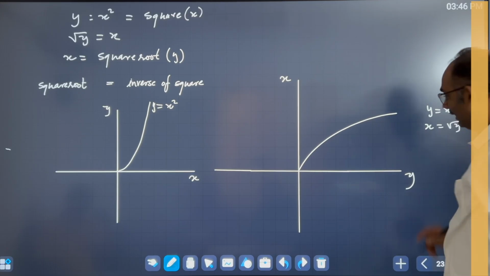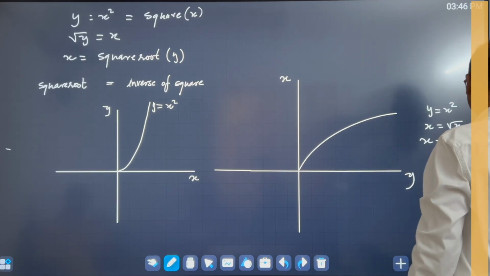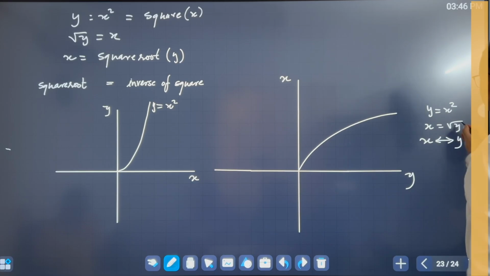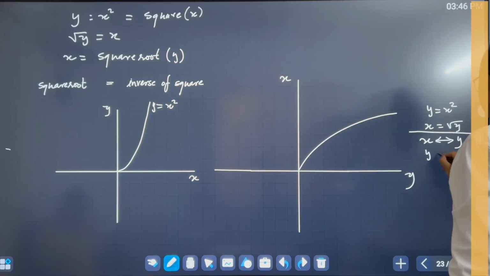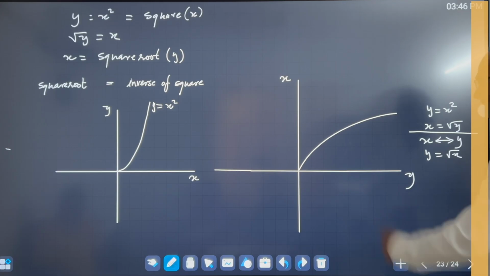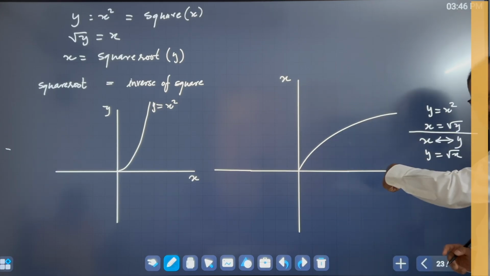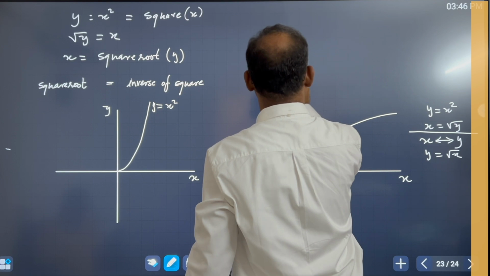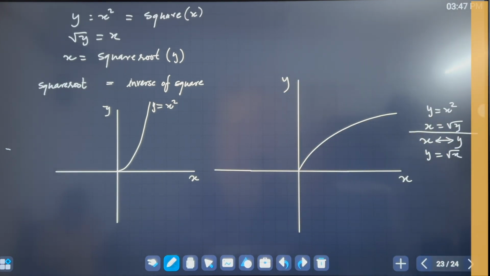Correct? Let's change the names again. Let's call x as y and y as x. If I do that, then x is equal to square root of y will read as y is equal to square root of x. But then I should change the names here. That is the graph of square root of x.